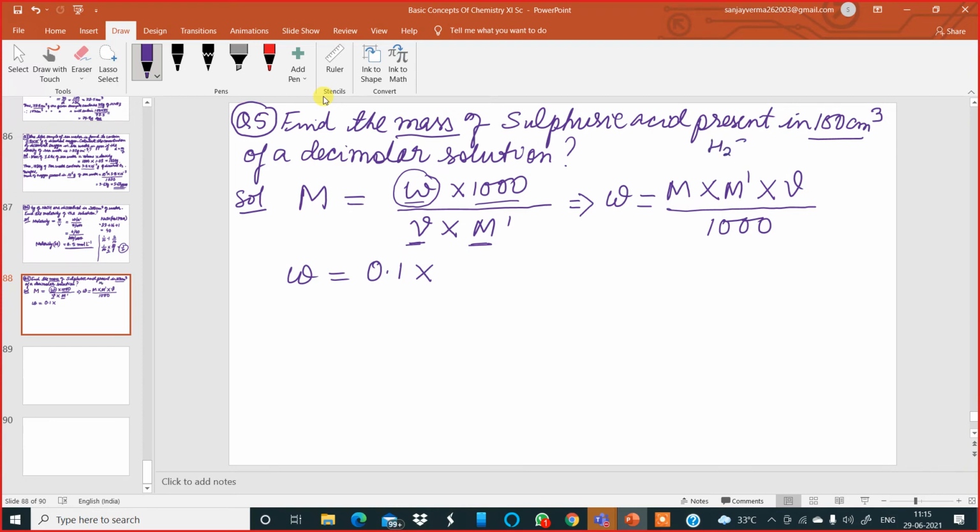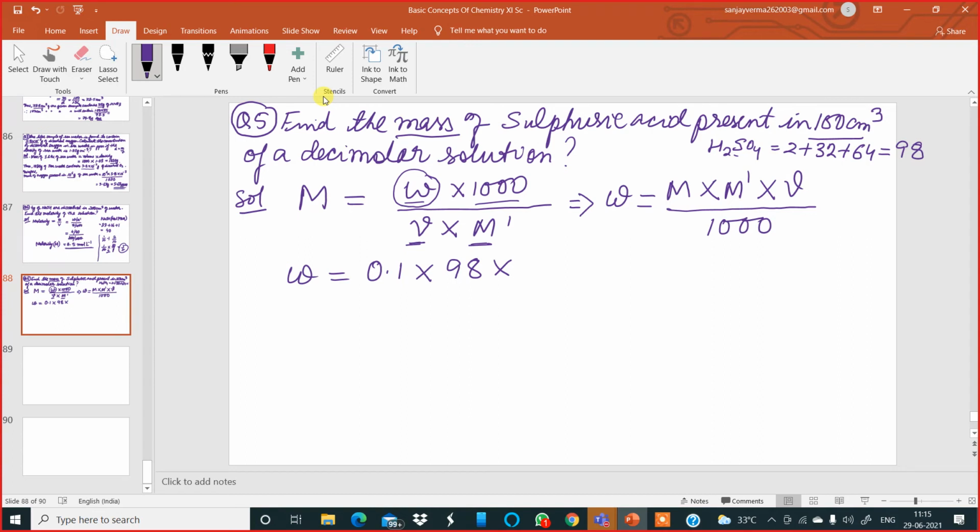The formula is H2SO4, so 2 plus 32 plus 64 for the four oxygens, which adds up to 98. The molecular mass of sulfuric acid is coming to be 98. So I'll put the M' value 98 multiplied by small v.